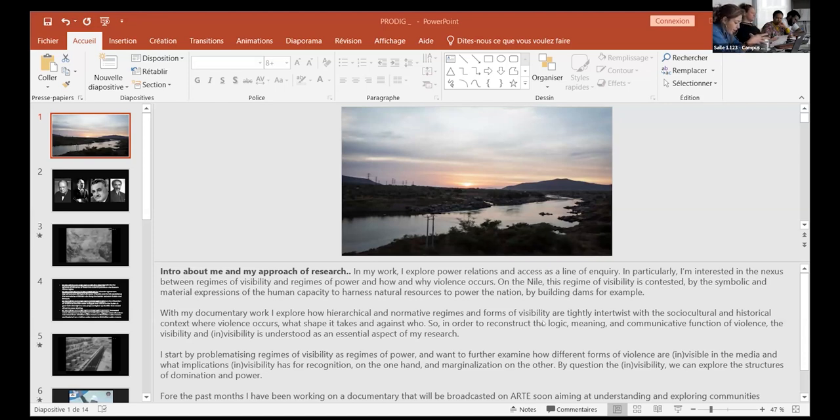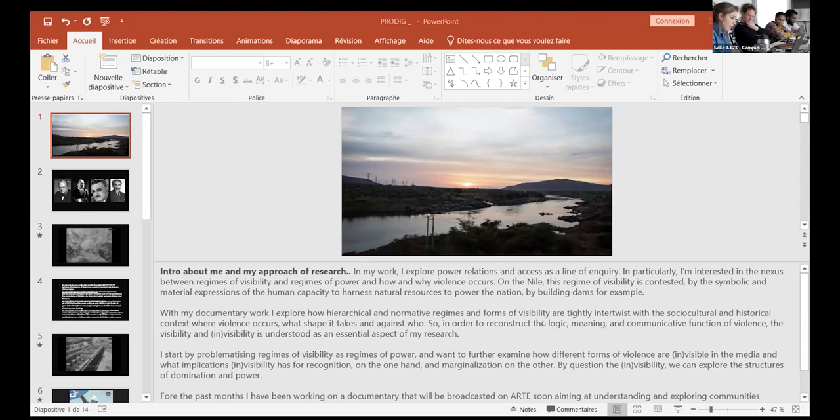But what is interesting is also to explore how these normative, hierarchical regimes and forms of visibility are intertwined with social, cultural, and historical concepts. This is clear when we want to understand where violence occurs, what shape it takes, and against whom.